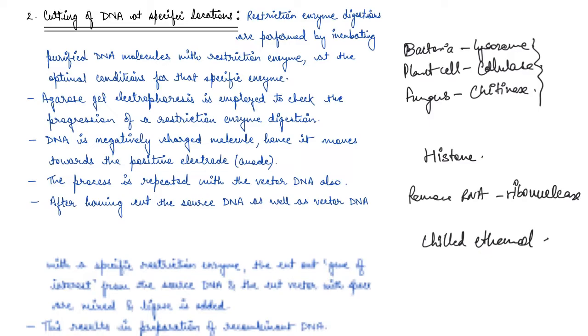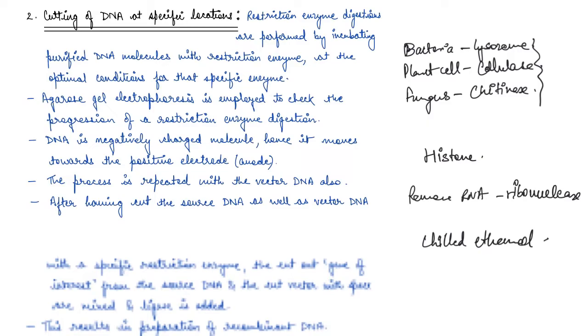Right? Now, before we amplify the gene, what we do is we ligate this DNA of interest with the vector, with the plasmid. How do we do it? By using the enzyme ligase, right? So the gene of interest taken from the source DNA and the cut vector are both mixed, and ligase is added.